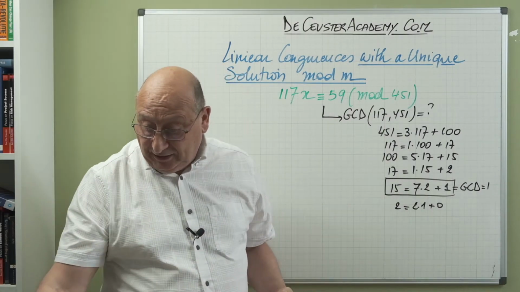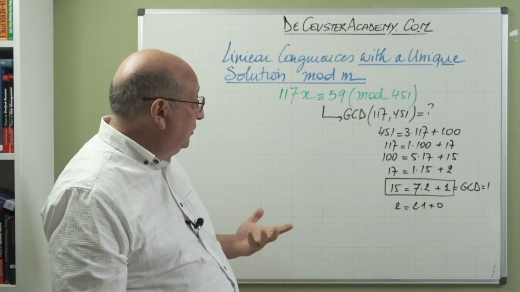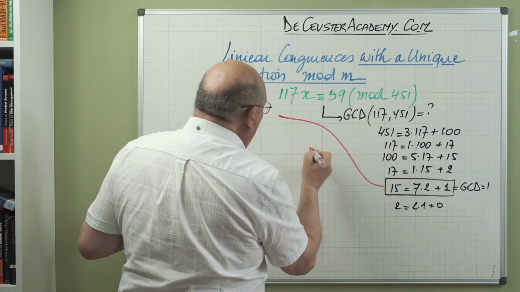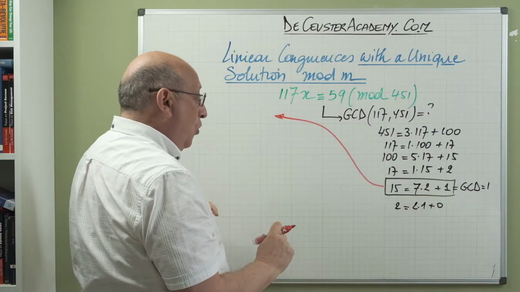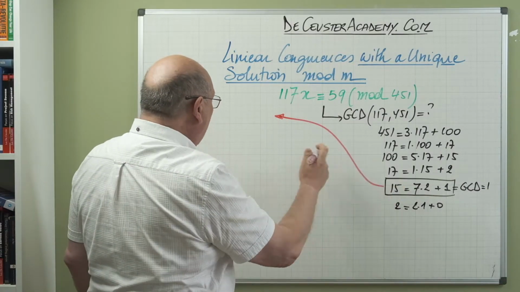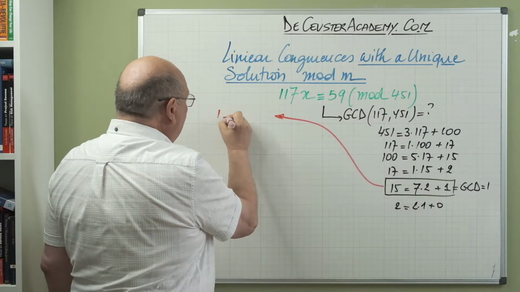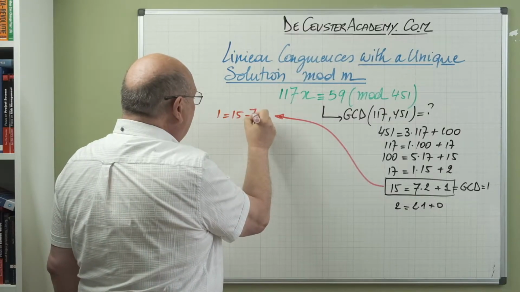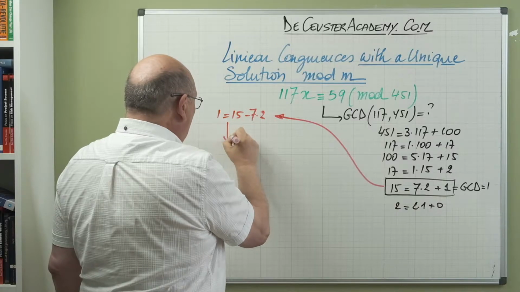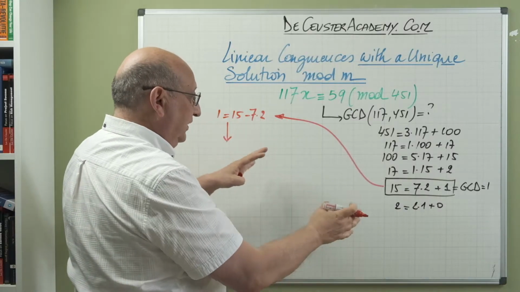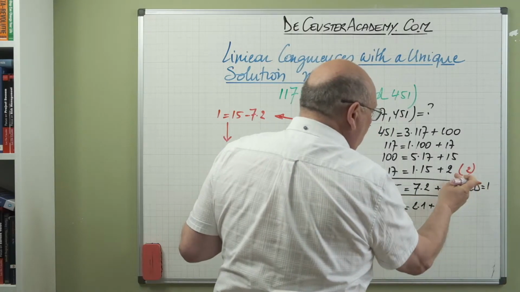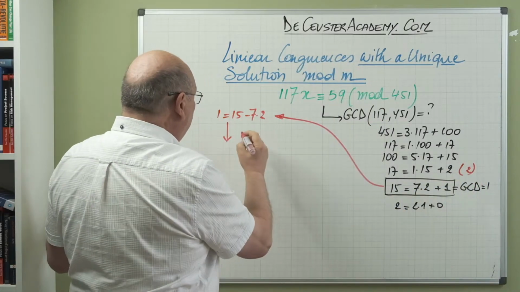Now we have to find the Bezout coefficients, and we start by doing what we call the inverse or the backward path. So we start by writing 1 is equal to 15 minus 7 times 2. That's the first equation that we start from. Now we can introduce the second equation, and we write it as a function of 2.